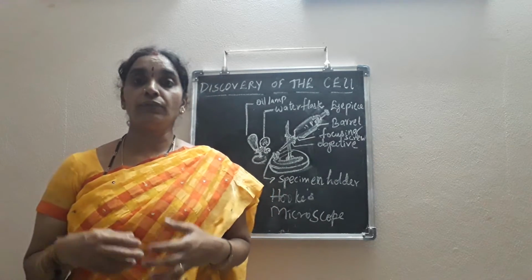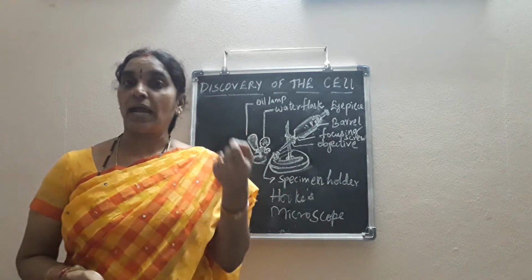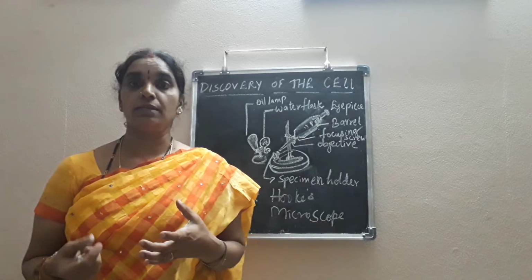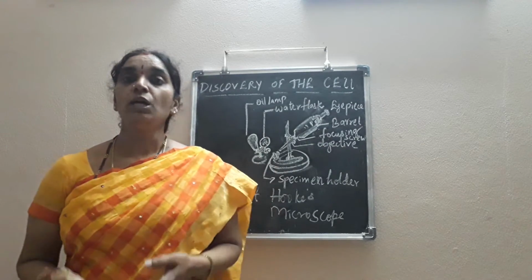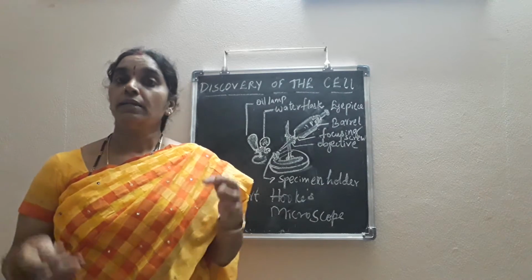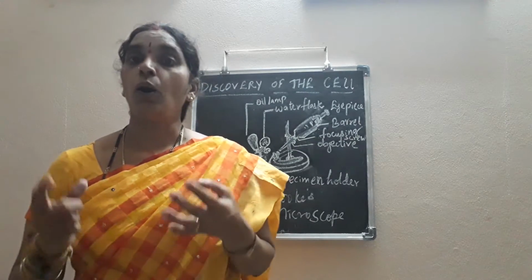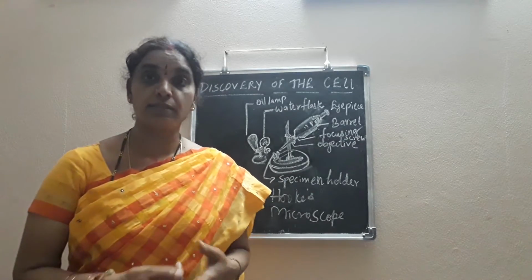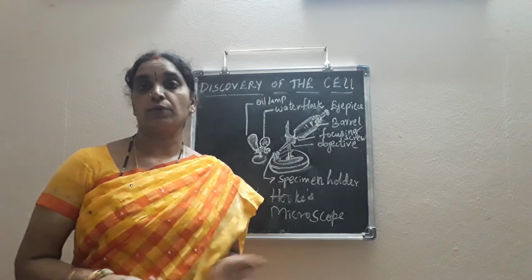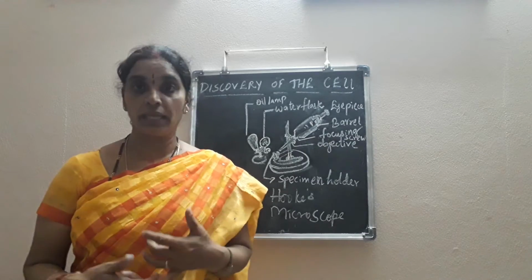For this, we observe plant cells or animal cells under the microscope. As a laboratory experiment, we can take an onion peel or a dead cell of a matchstick, and we can see that it's a dead cell under the microscope. I'll explain how to do it now.